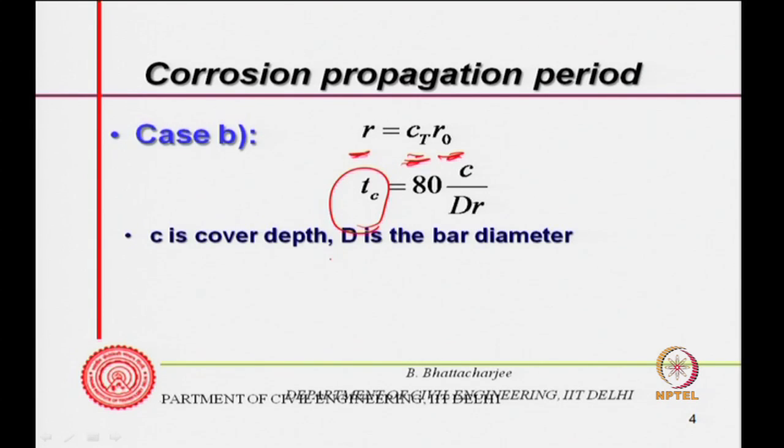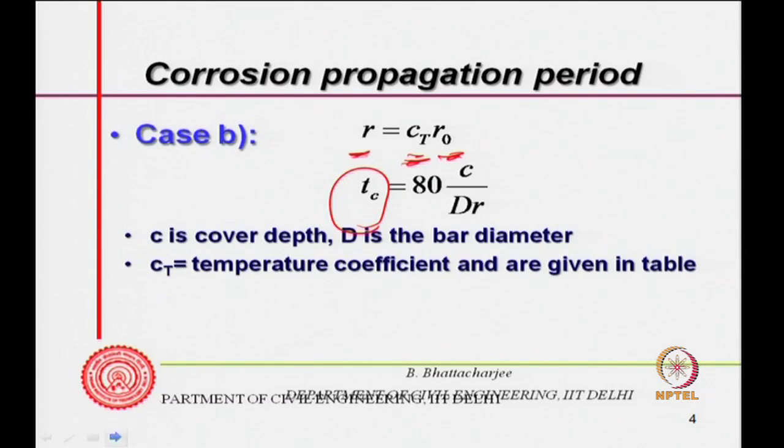So, it is delamination time, that is 80 C by dr, where C is the cover depth and d is the bar diameter. It is proportional to C by d, and R is the rate of corrosion, expressed in terms of depth of penetration, in millimeter or mils per year, or micrometer per year, whatever it is.